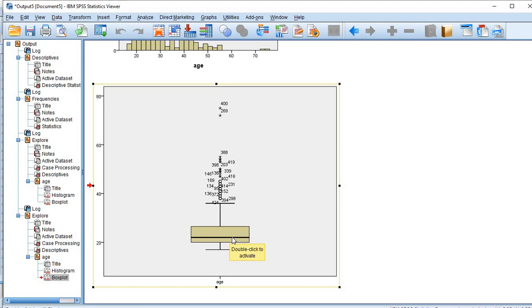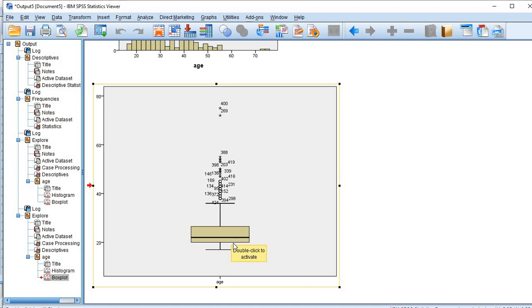Now the lower and the upper boundary of the rectangle are approximately the first and the third quartiles. The upper bound represents the third quartile, and the lower bound of the rectangle represents the first quartile.